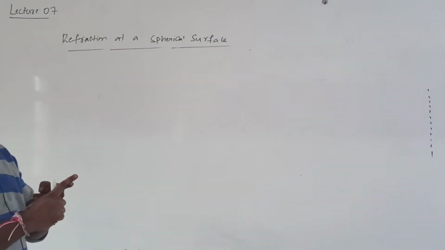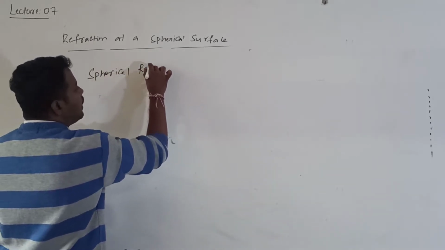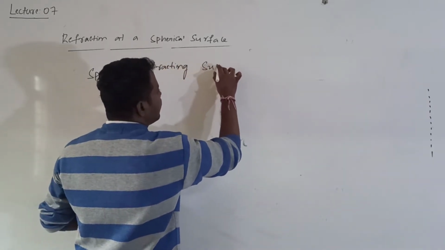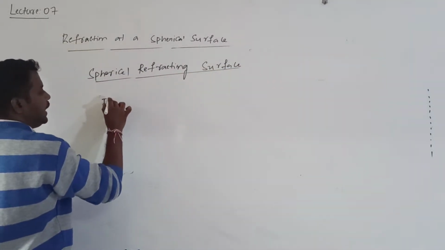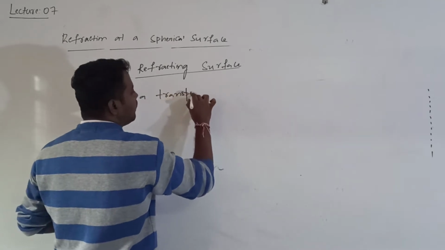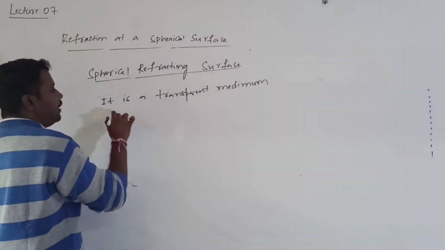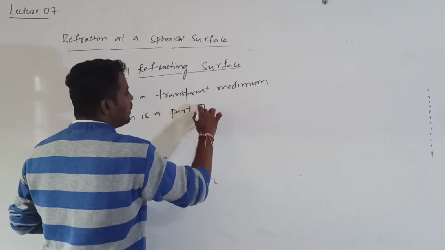If you want to write the definition, note down in your class notes: a spherical refracting surface is a transparent medium which is a part of a sphere.